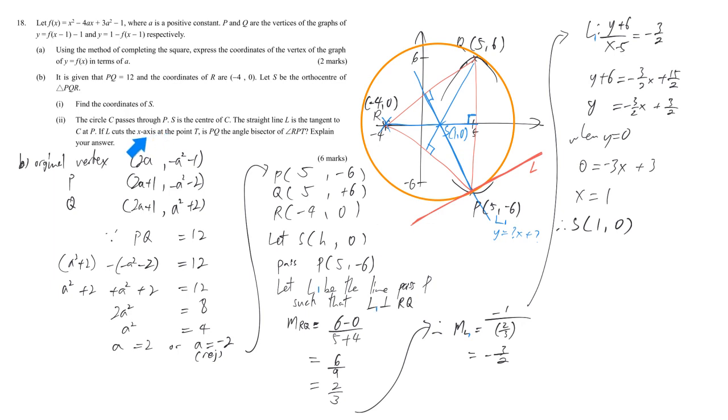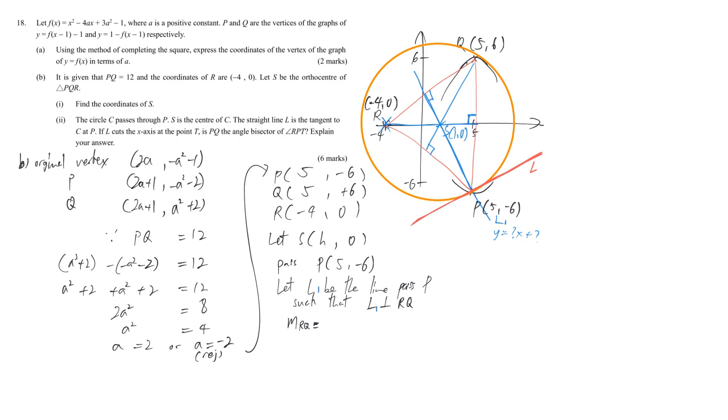And then we are going to find out L, this line, extend it, and you will cut the x-axis at point T. So we extend this line, and then it cuts the x-axis here at point T. And then they ask, is PQ the perpendicular bisector of angle RPT?